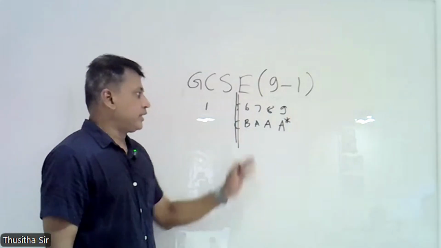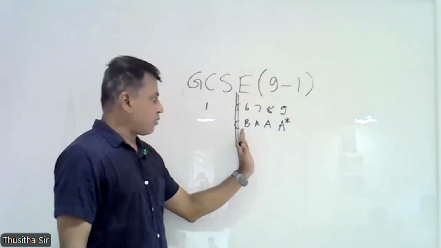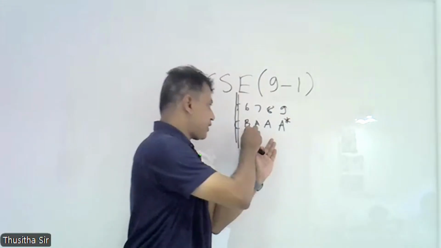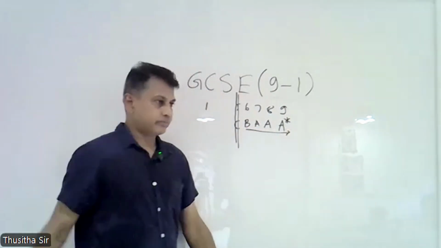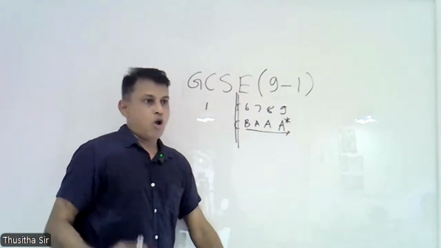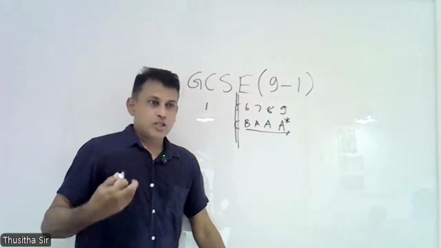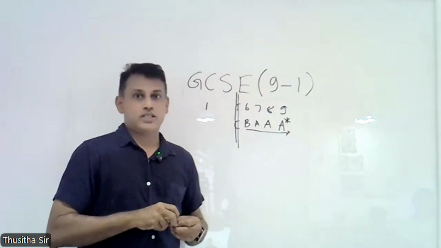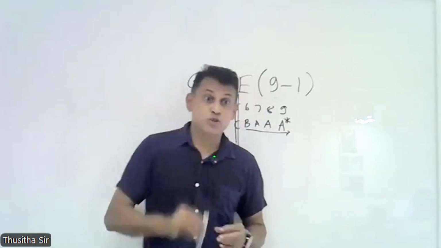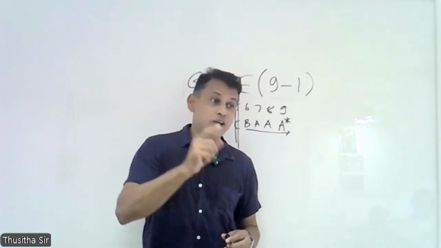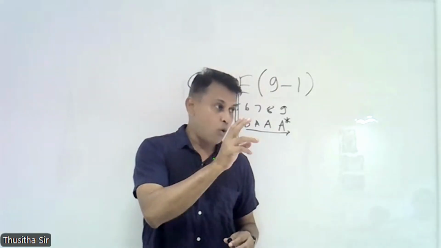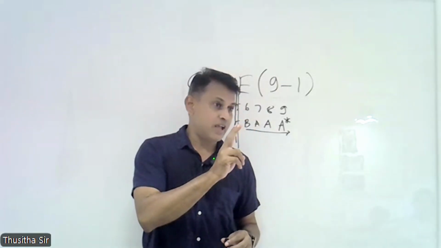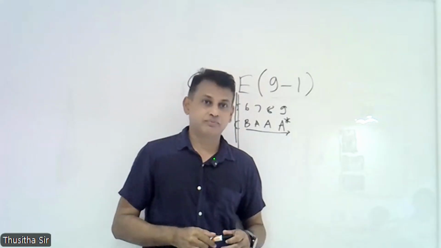Okay, so we all try to take more than C. That means we try to go in this direction. Our aim for these 2 years: surprisingly, you work hard for 2 years, but you are evaluated only for 3 hours and maybe 20 minutes.